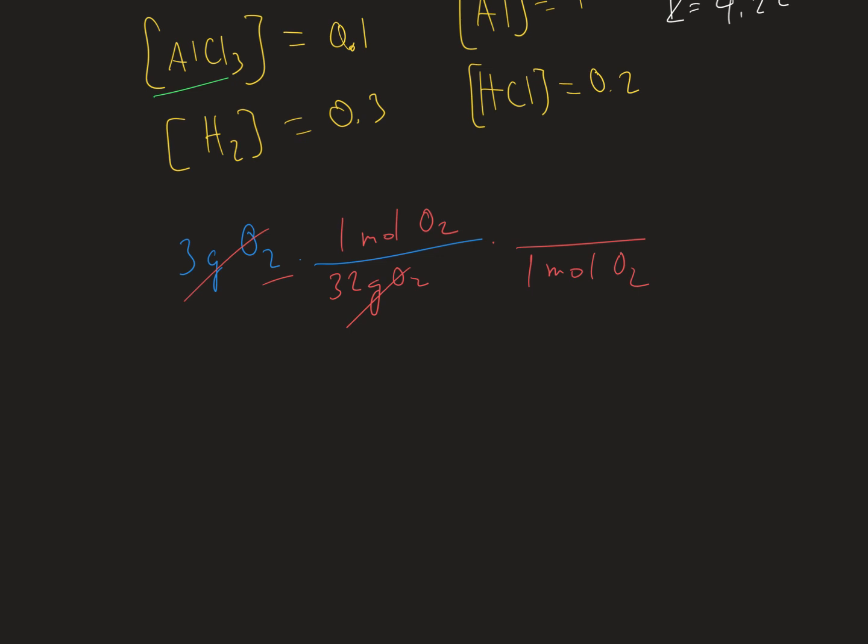You do times 6.022 times 10 to the 23 molecules. Why is it molecules and not atoms? Because it's not an element. Wait, it is, but it's O2. It's a diatomic molecule, right?